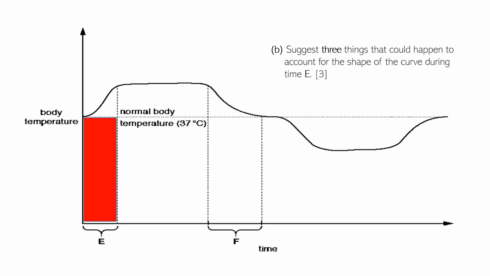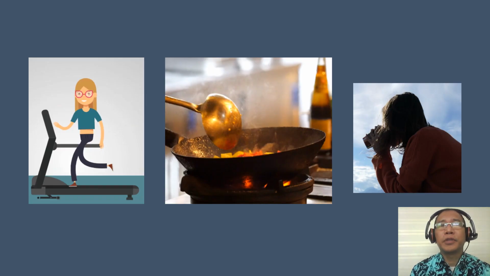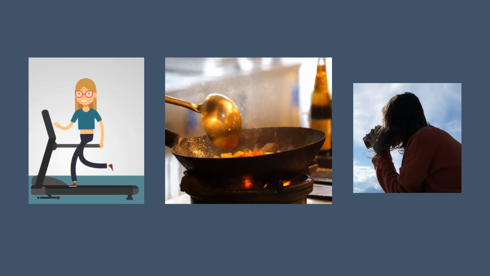What could account for the shape of the curve during this time? Let us find what those stimuli are. These are some of the activities that could account to increase and change the shape of the curve. Can you name these activities? The first figure is a person who is exercising.